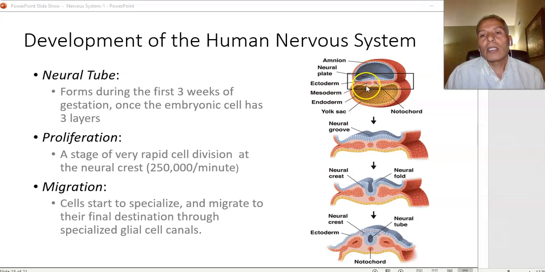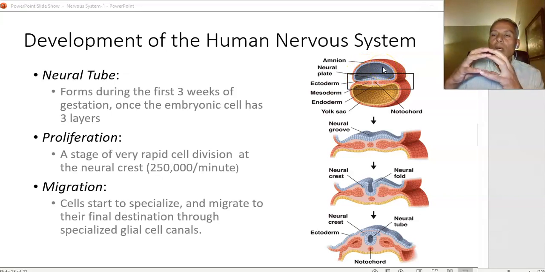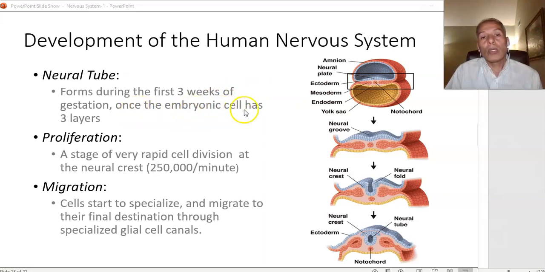And as it keeps dividing over the first 3 weeks of pregnancy, then you have 3 different layers. You have like a ball, or a balloon, that has another balloon around it and another balloon around it. You have 3 layers of cells, just like this. Once the 3 layers are formed, then something happens.